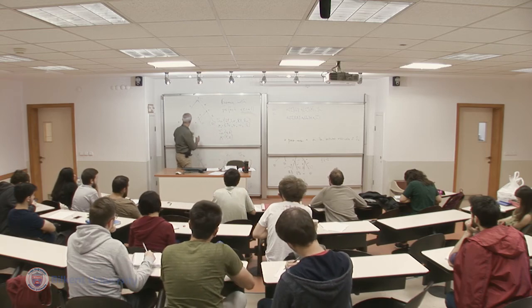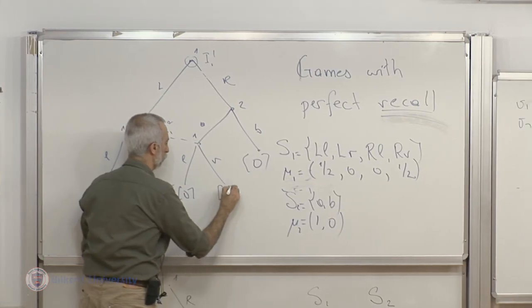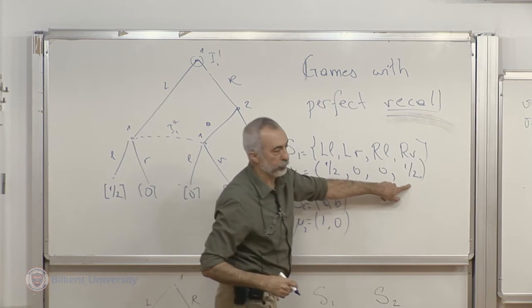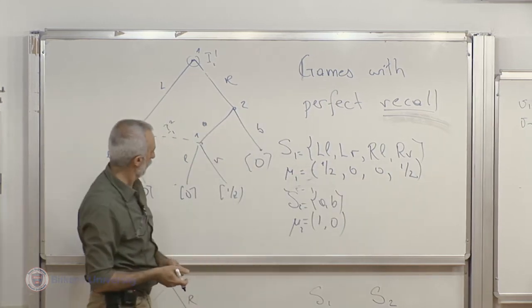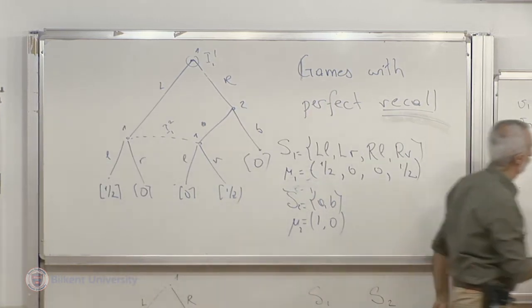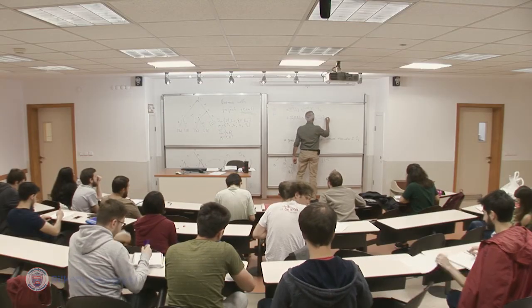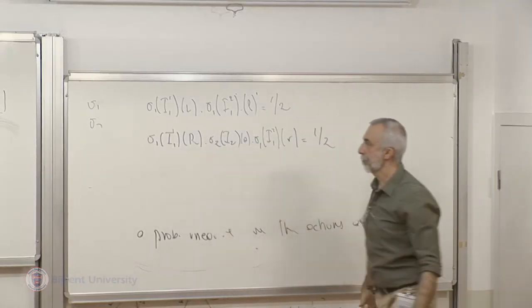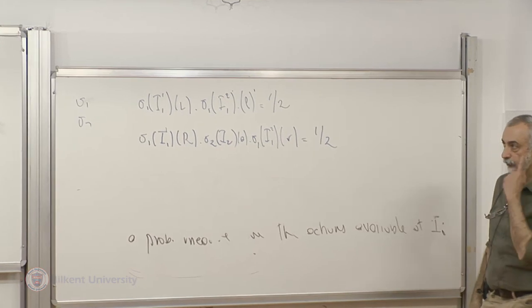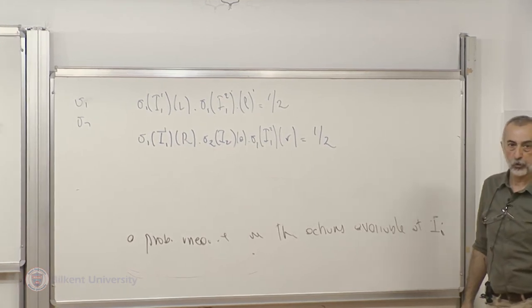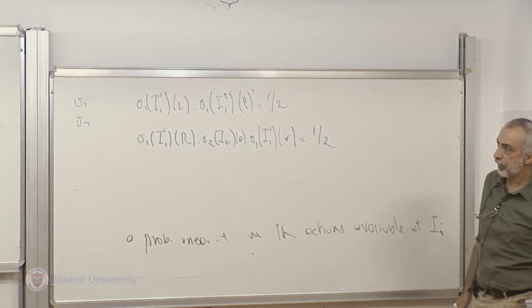This is 0, and this is 1/2. He plays R with probability 0. Okay? So far, so good?